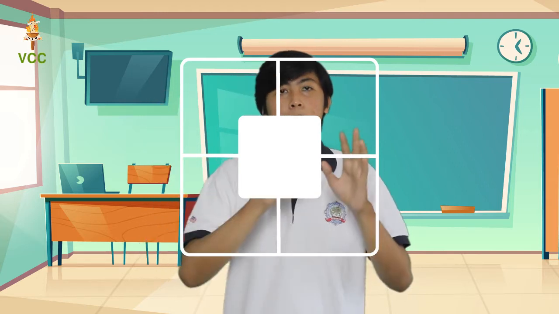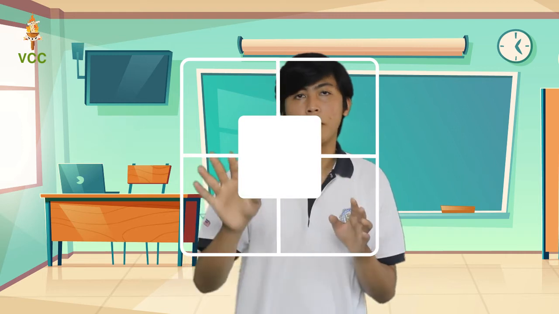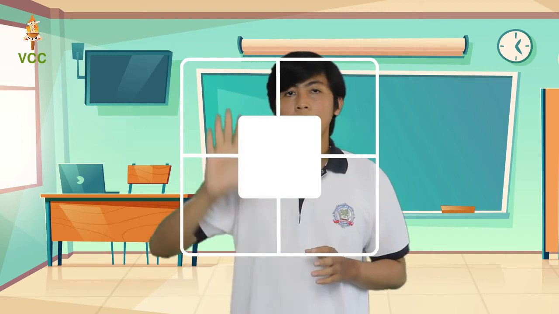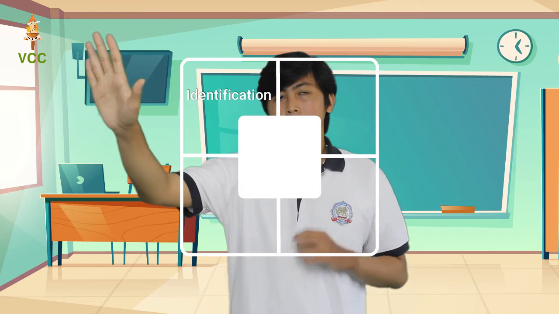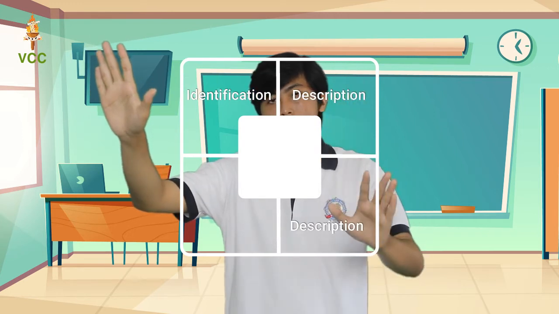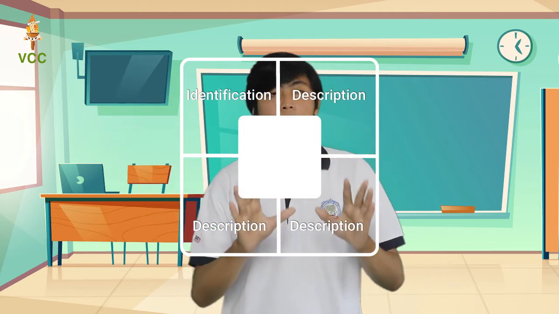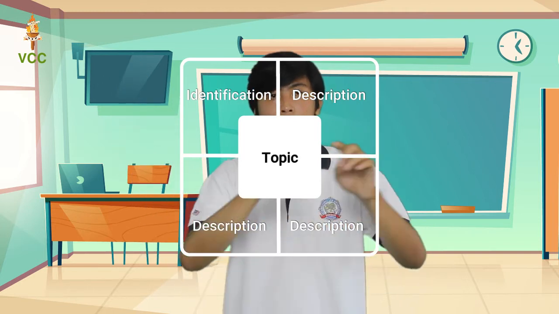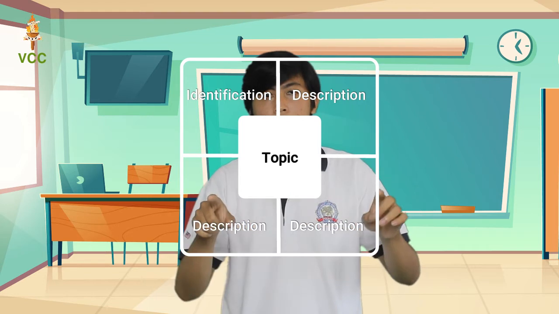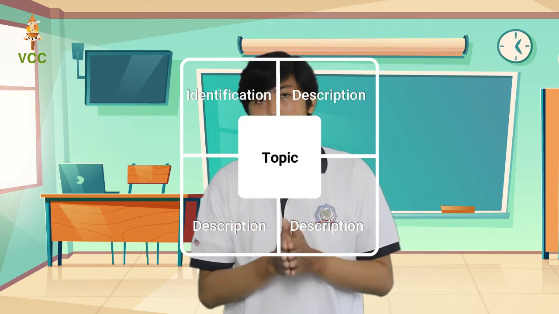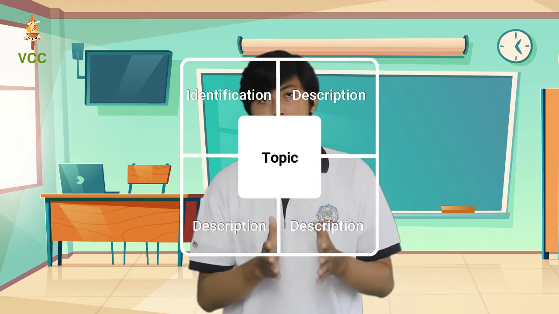We have to put those 2 into the squares. The identification goes in the first square, and in the second, third, and fourth ones you put the description. And for the middle one, you put the topic that you want to discuss, which for today is historical building.